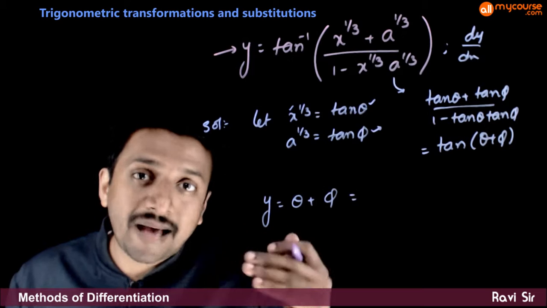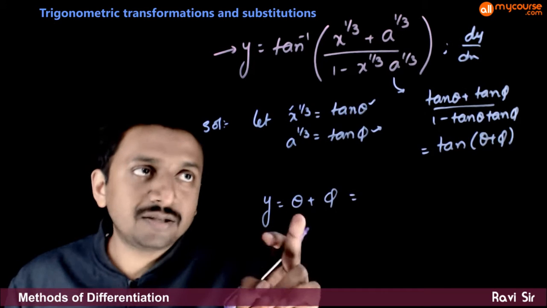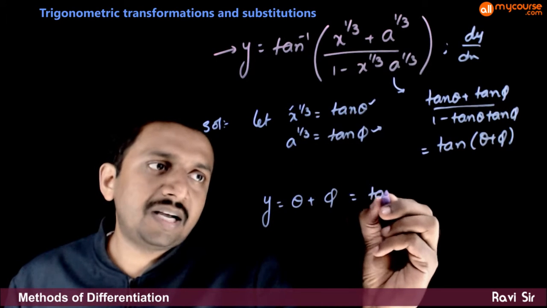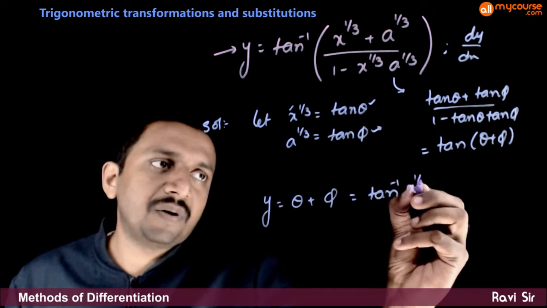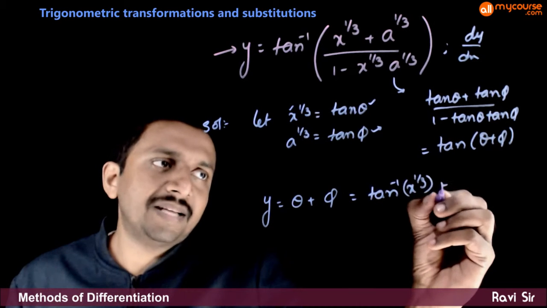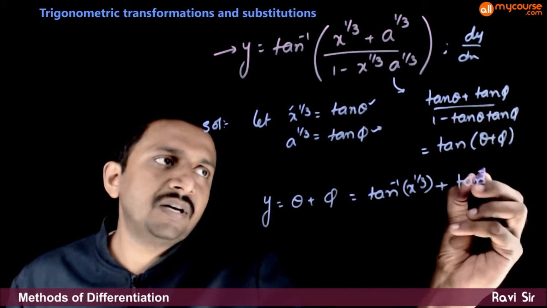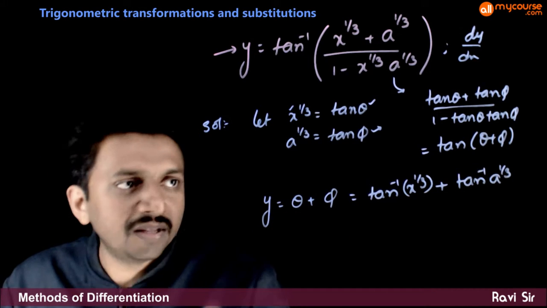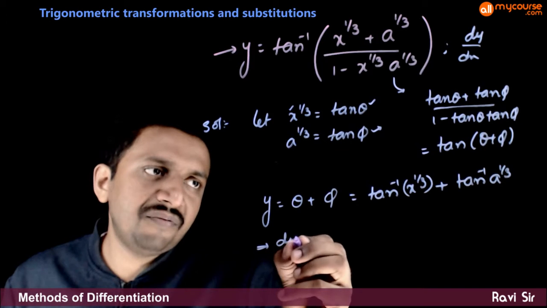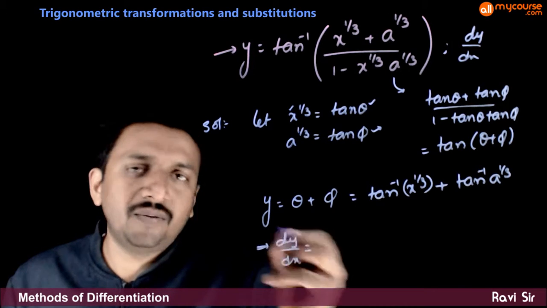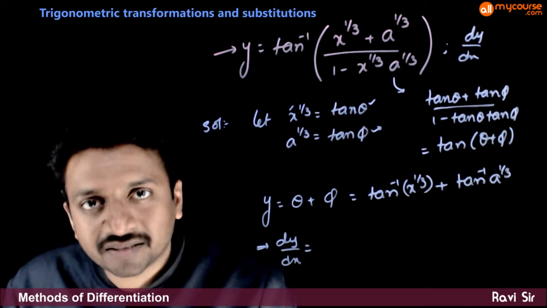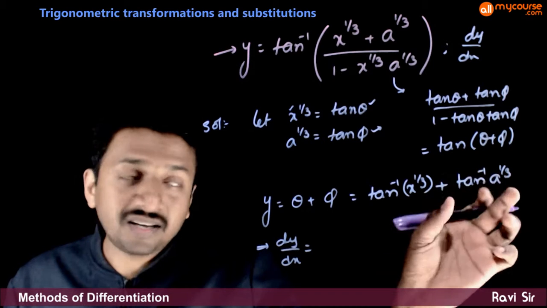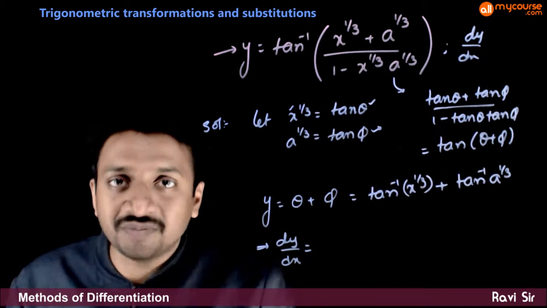So if you convert back into x, theta is nothing but tan inverse of x^(1/3) plus tan inverse of a^(1/3). So this implies dy/dx is equal to, so this is a constant, so this differentiation becomes 0.